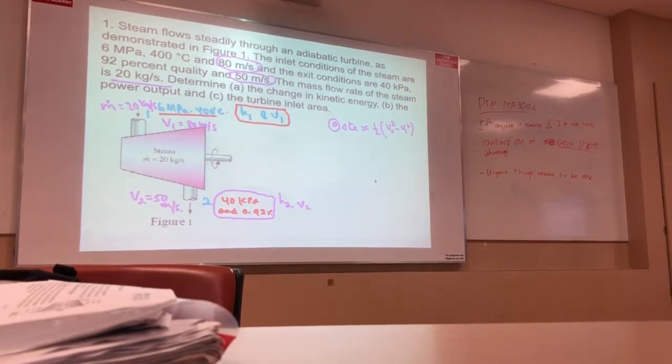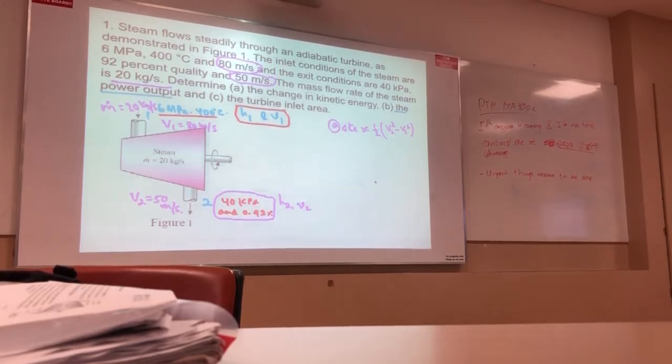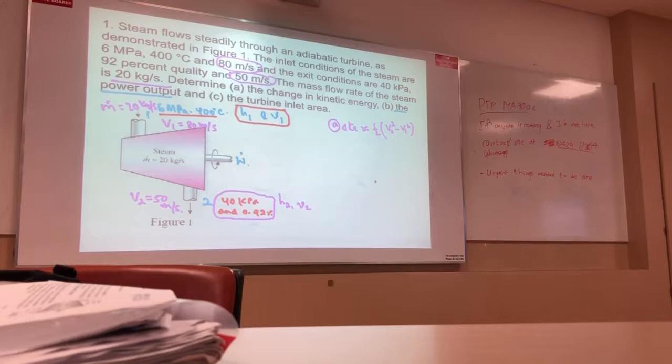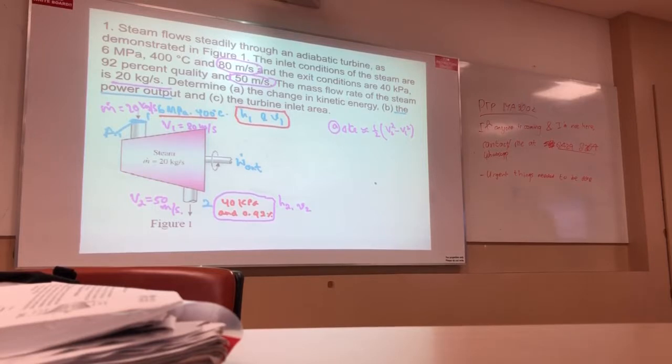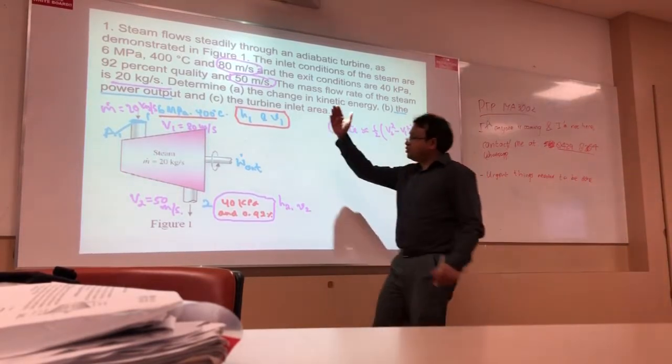So question number B, the power output. That means W dot out, I have to find. And C, turbine inlet area. At that portion, what is the area? A1. Correct? Then how can we find W dot out?